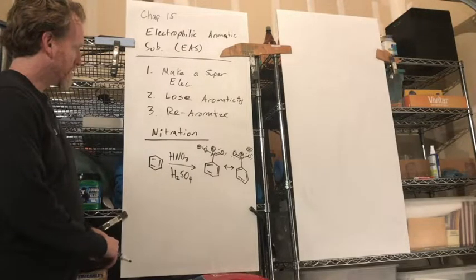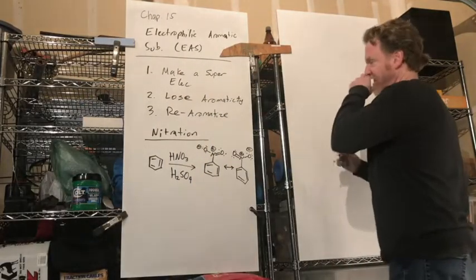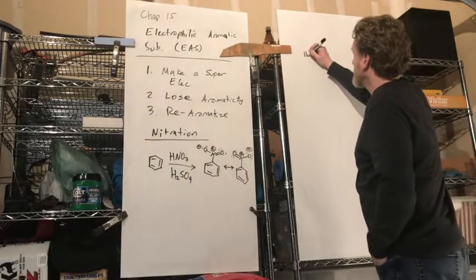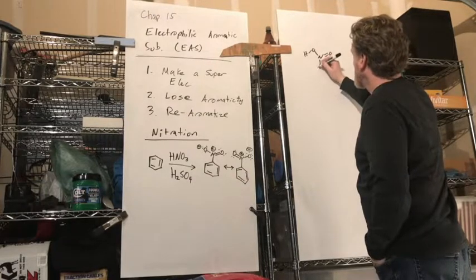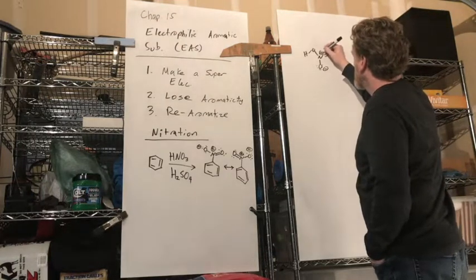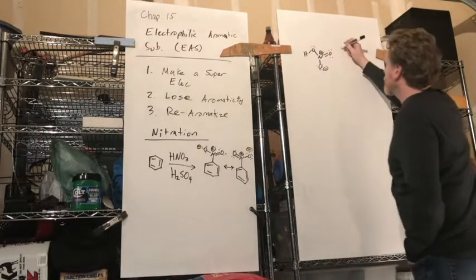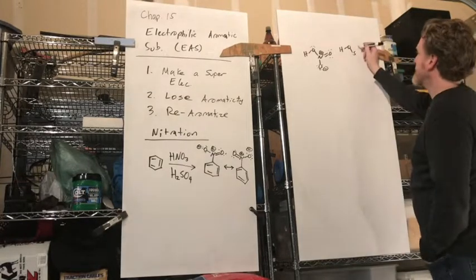So let's do this mechanism. We start off with our nitric acid and our sulfuric acid. Turns out sulfuric acid is a stronger acid than nitric acid.